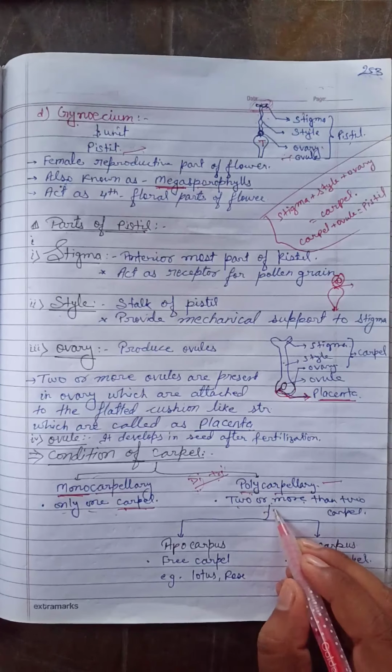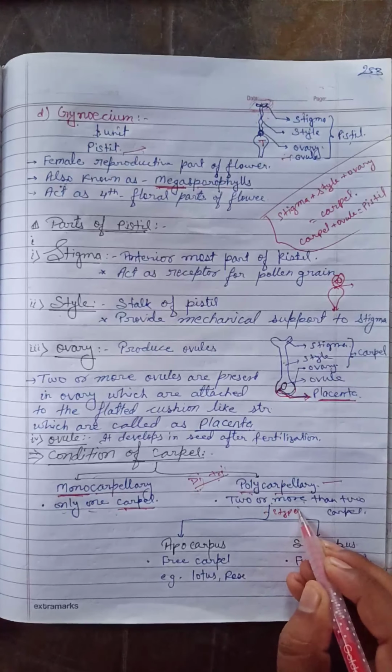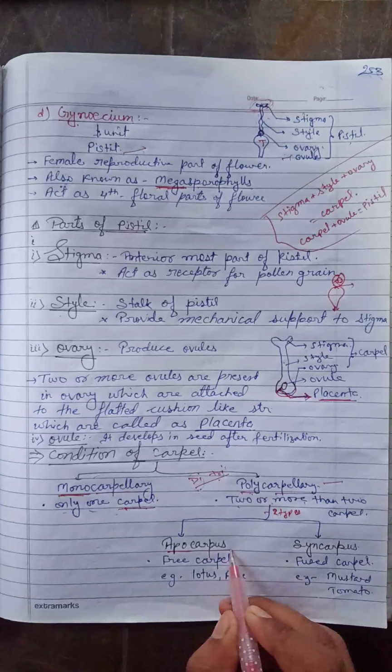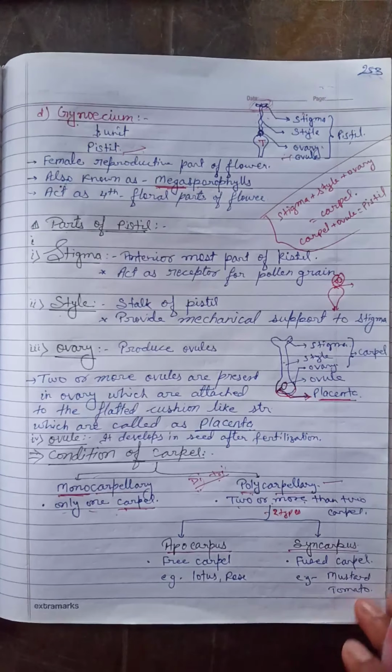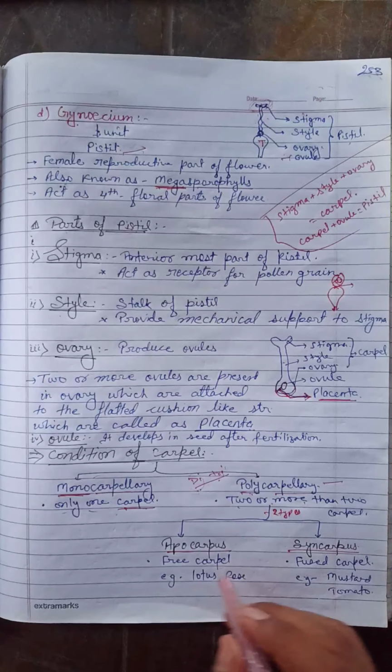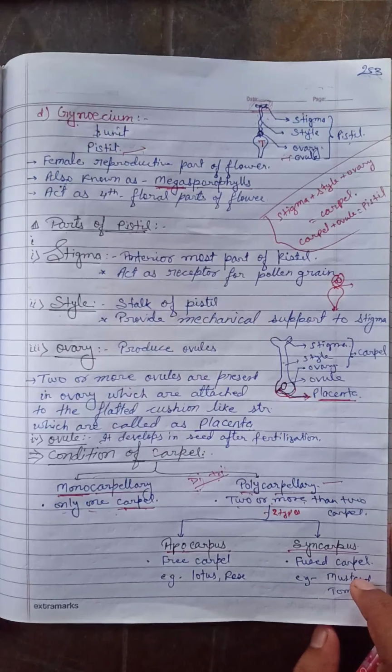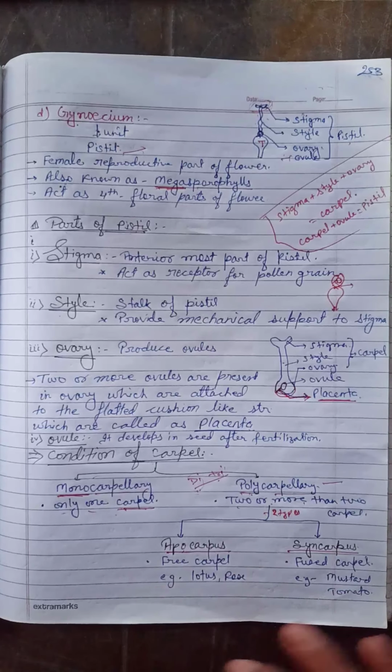It is also of two types: apocarpous and syncarpous. Apocarpous means all carpels are found free in a flower.